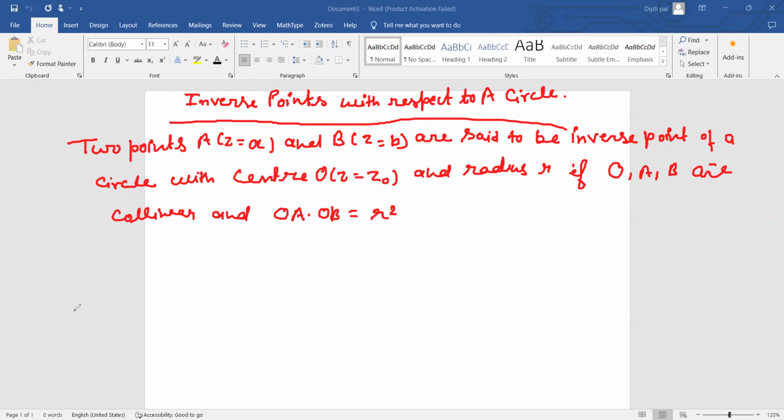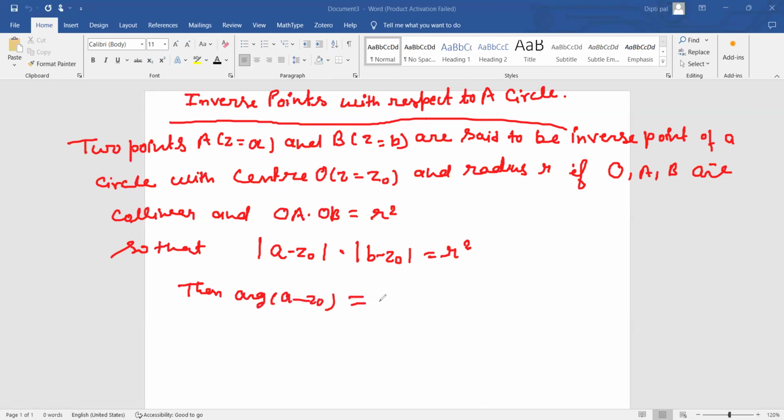Then we have to show that (A minus Z0) into (B minus Z0) bar equals R square. This is OA, this is OB. Then the argument of A minus Z0 equals the argument of B minus Z0, which is minus the argument of A minus Z0.